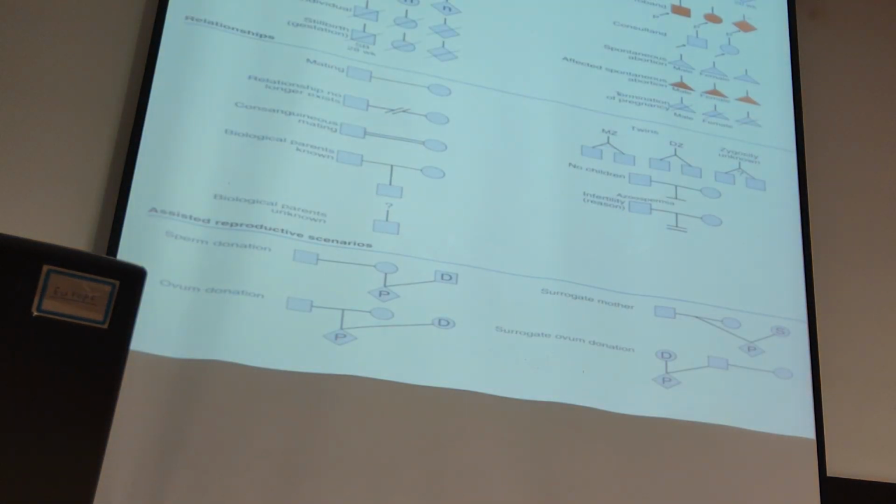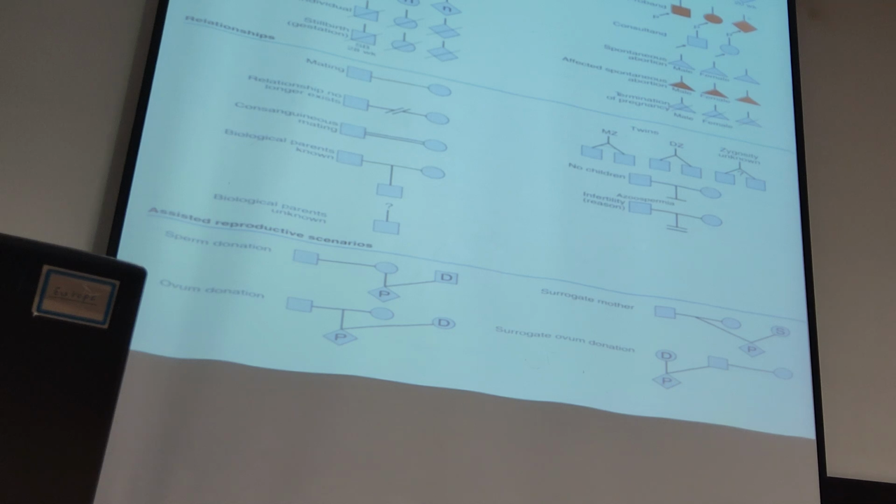The symbols that we use in pedigree analysis are something like this. Do you know anything about these symbols? Square for male, circle for female, diagonal for deceased or male.